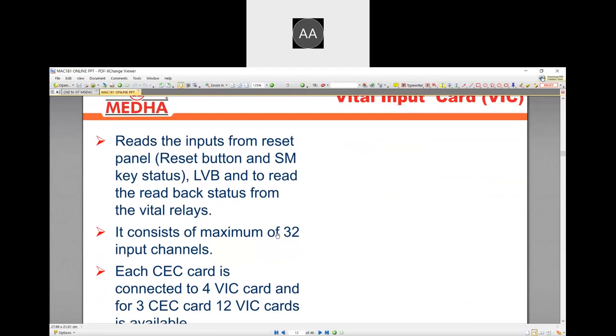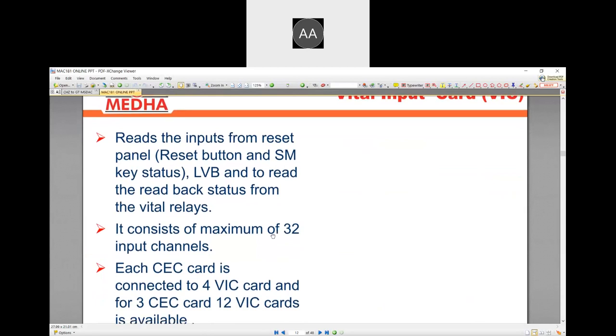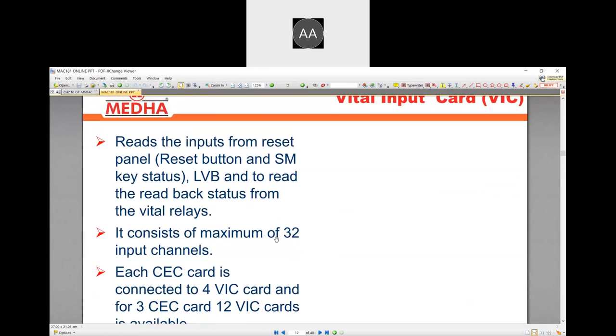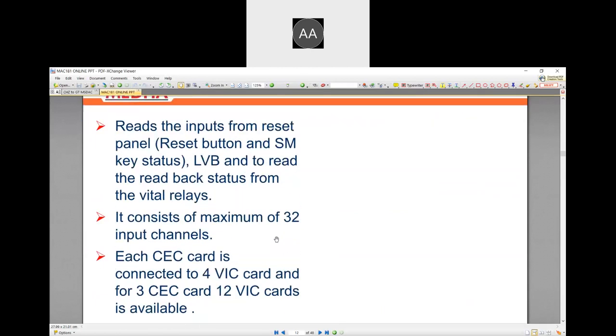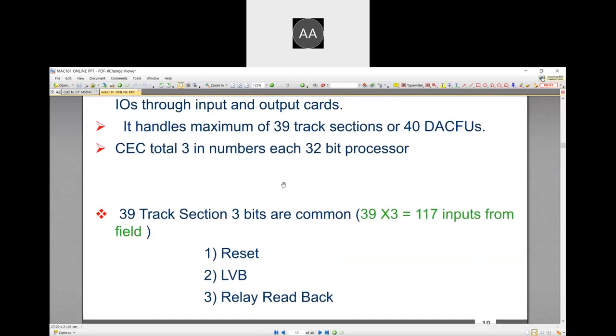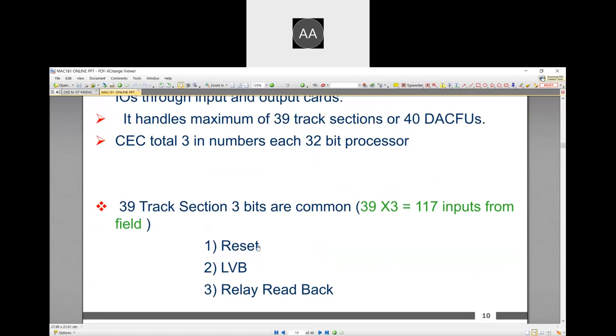As it is designed to take care of 32 inputs, let's see what inputs we need to handle. The inputs are 39 track sections, and for each track section there will be some common bits. The common bits are reset, line verification, and the particular relay readback.